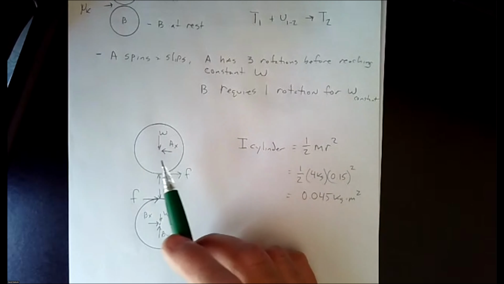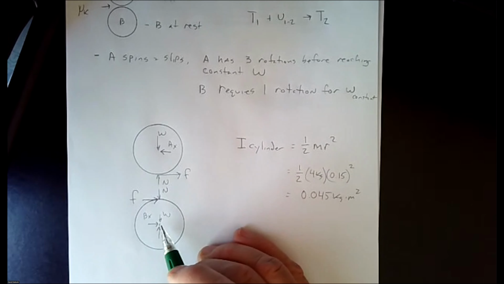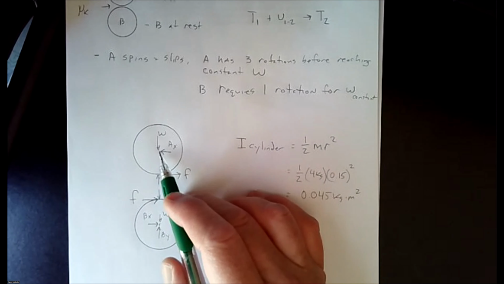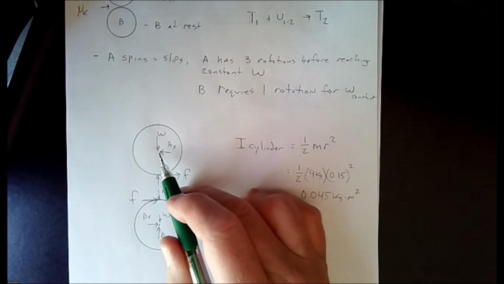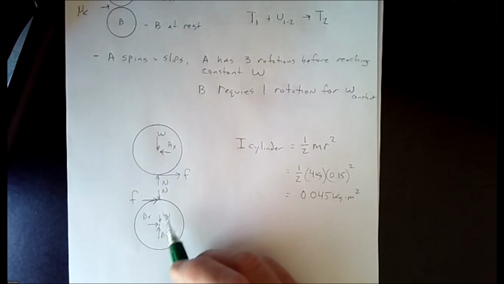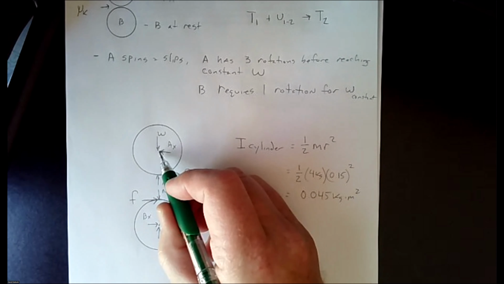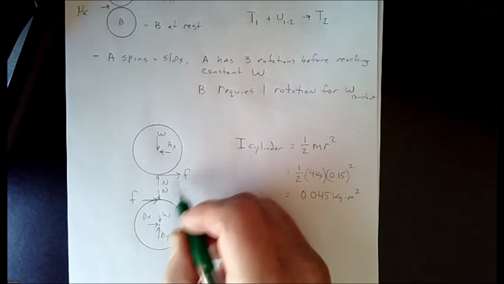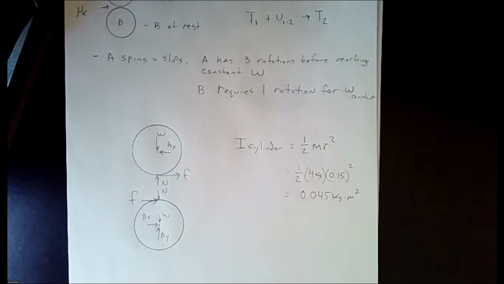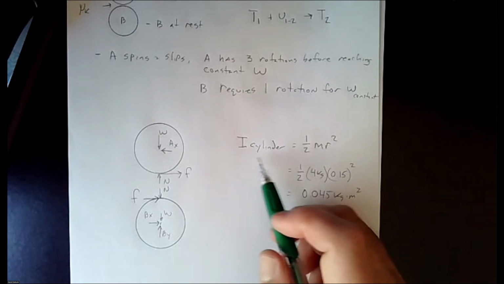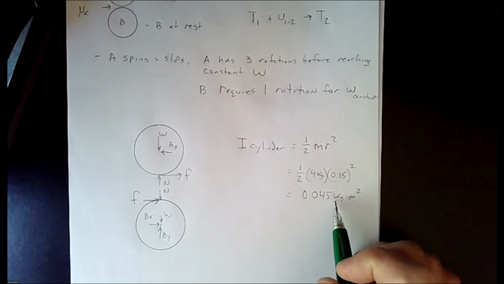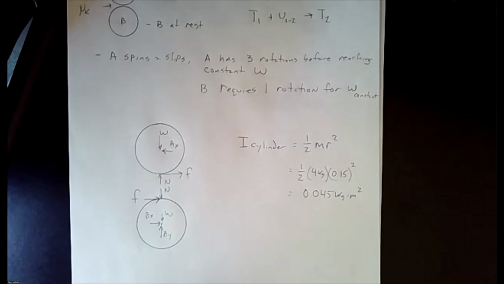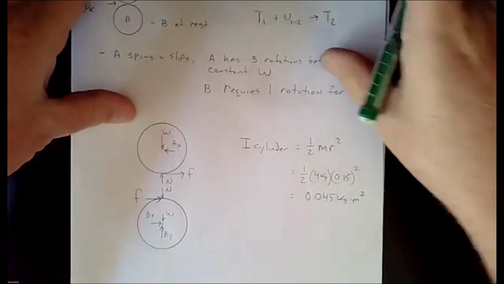Now it's good to recognize these and put them in your free body, but it turns out that we're not going to use any of these values in this example, because we're going to end up taking moments about the center point, in which case everything's going to disappear except the friction force. One thing too, I for a cylinder is 1/2 mr squared, so I went ahead and calculated that. So we know our I is 0.045. All right, so we have all the information we need to start the problem.